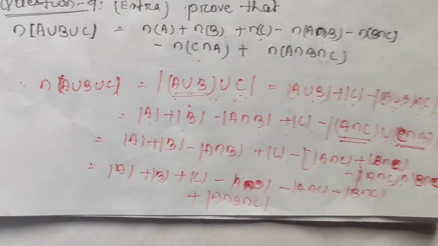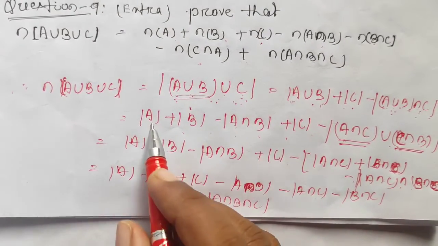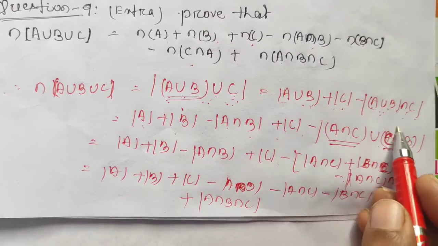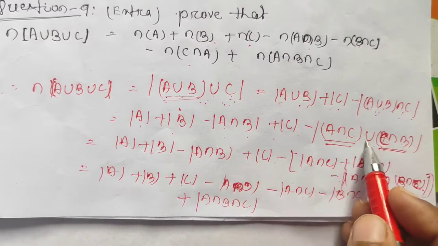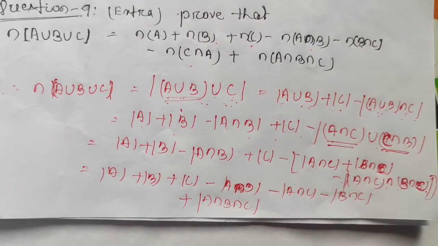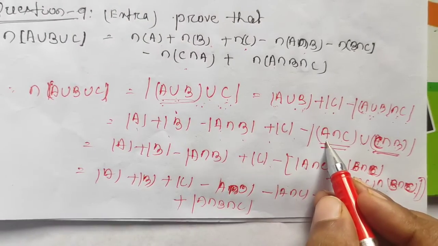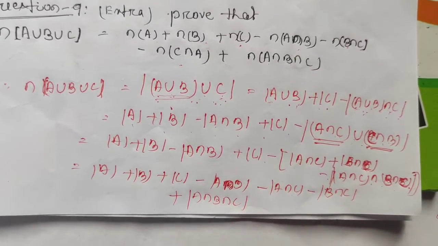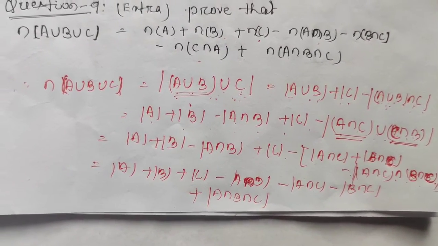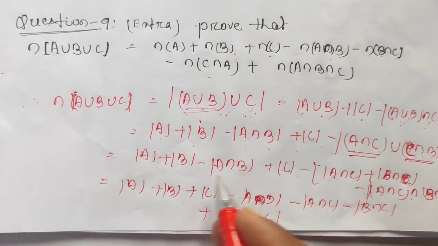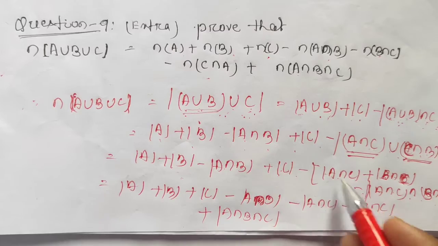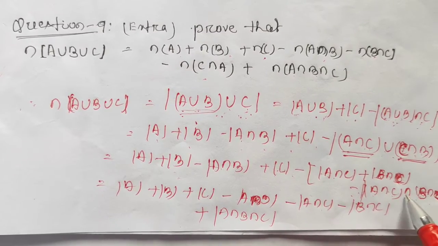Next, A intersection B, A mod plus B mod plus C mod minus A intersection B mod minus A intersection C intersection B mod. Next, simplify: A mod plus B mod plus C mod minus A intersection B minus A intersection C minus B intersection C plus A intersection C intersection B.